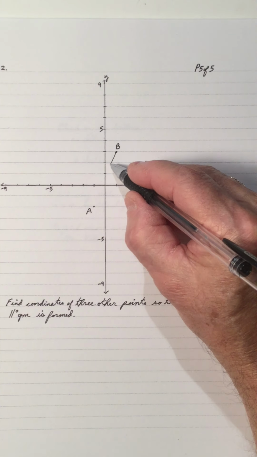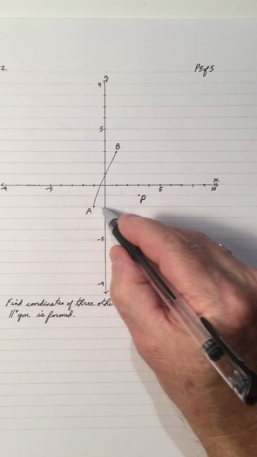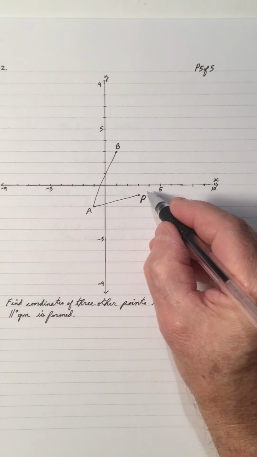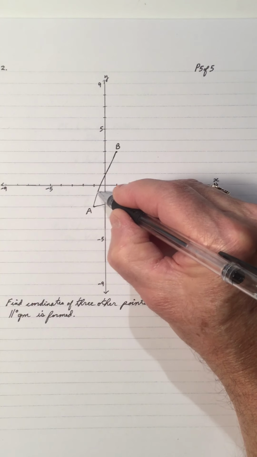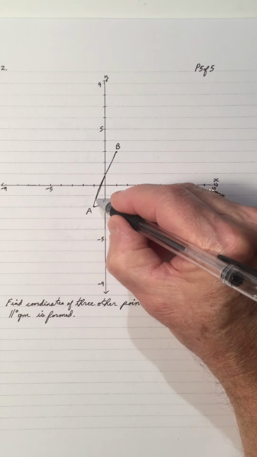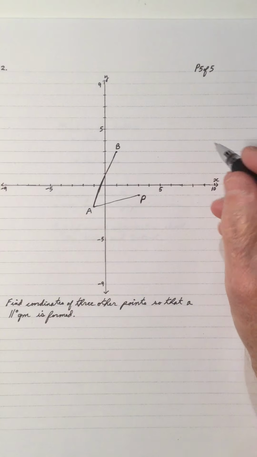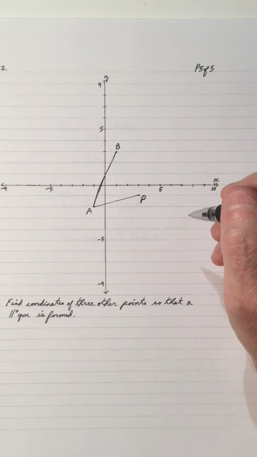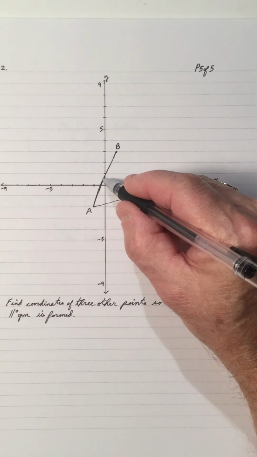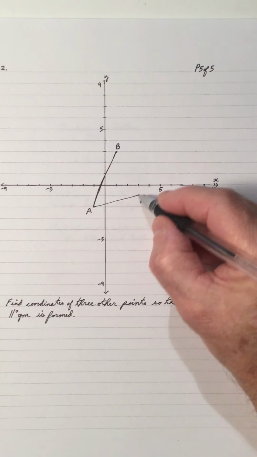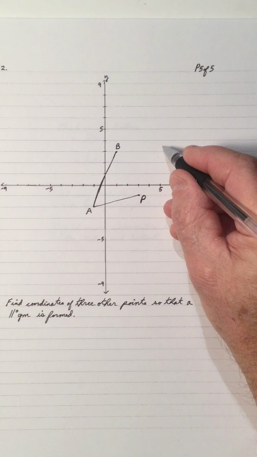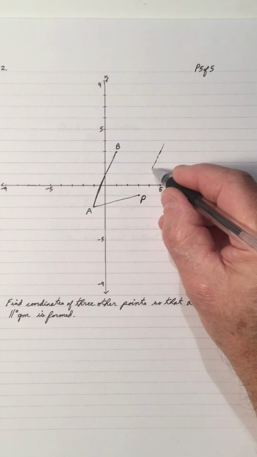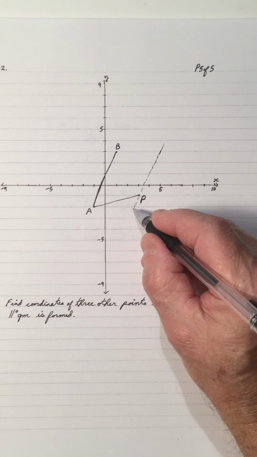So if we join these up like this, that's the makings of 2 sides of a parallelogram. Just draw that a little bit straighter there. I need another point. So this line is here. So going through P, I have this. I just draw a broken line here.